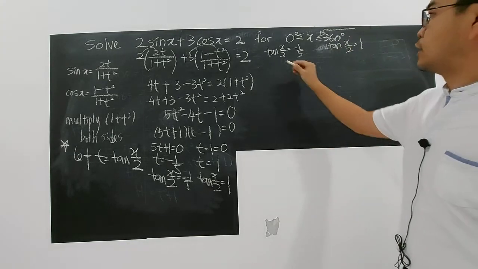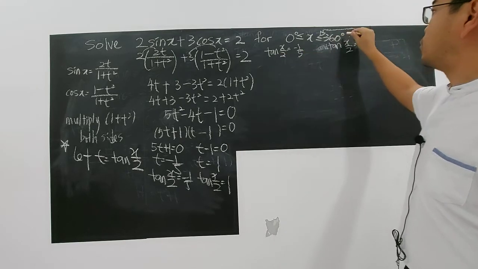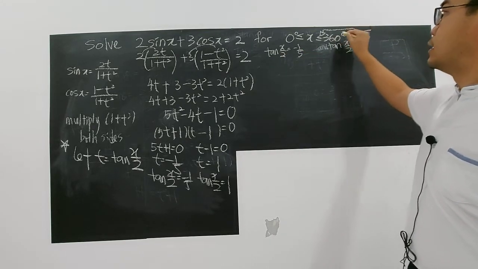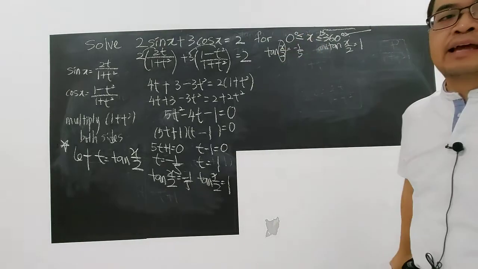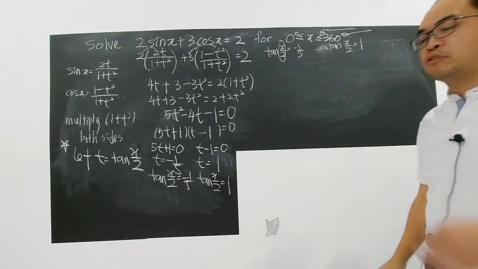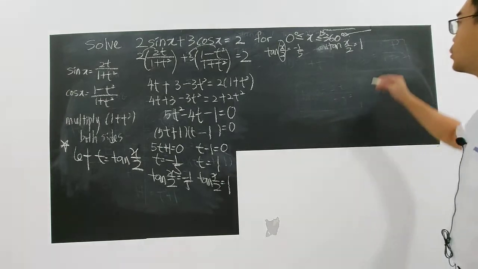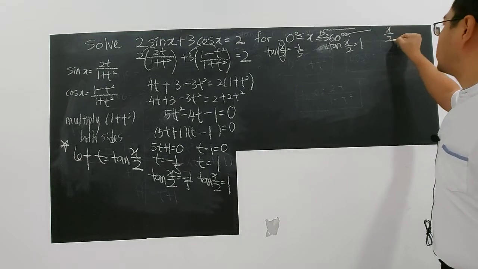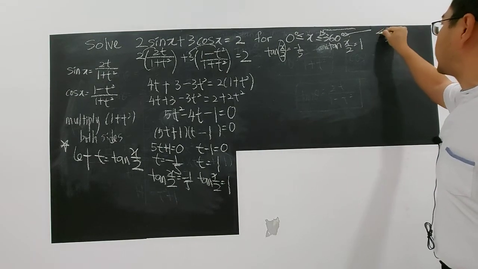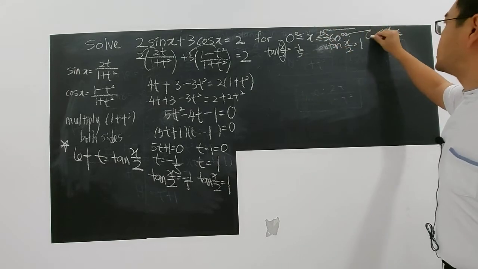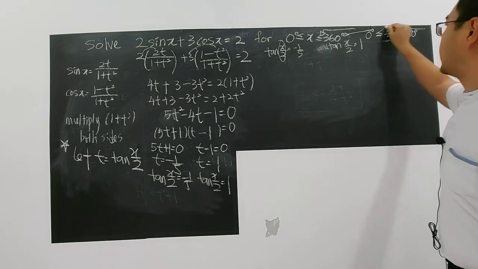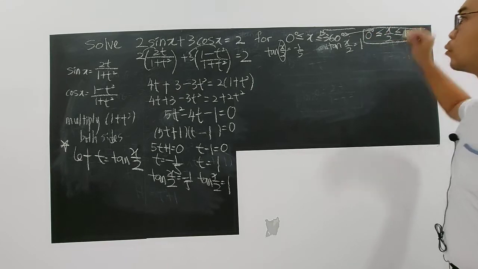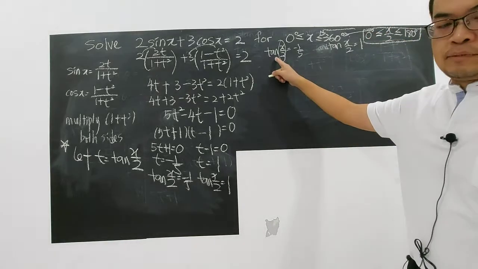Before that, you must modify the range given, because there is an x over 2 here. Do you still remember? If you do not remember, you can refer to the previous video. So x over 2 means I'm going to divide everything by 2, which gives me 0 and 360 becomes 180. This will be the required domain for this equation.